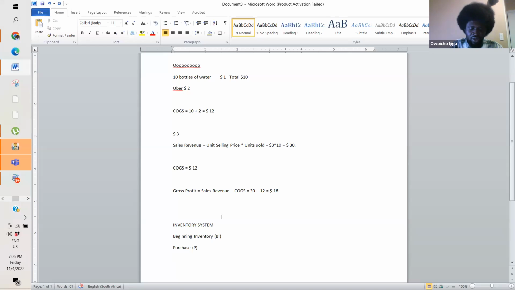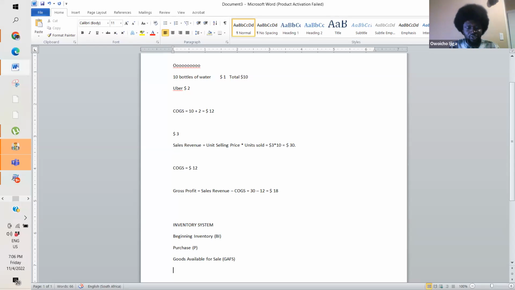Then we have cost, or let's say goods available for sale. Goods available for sale.